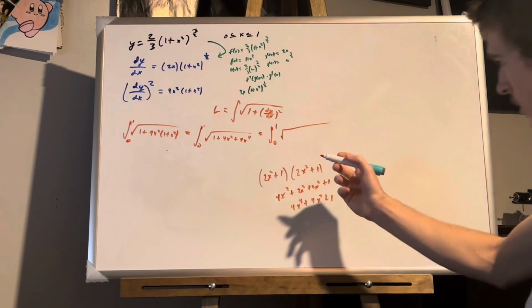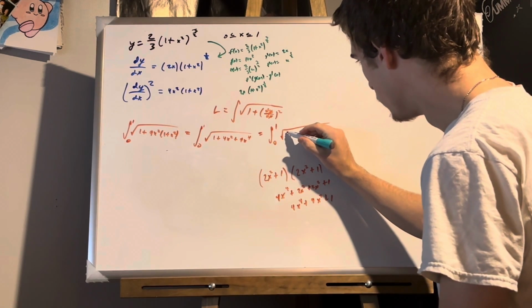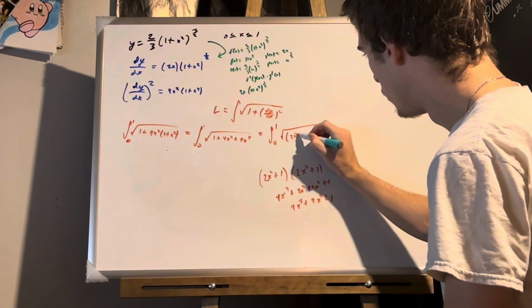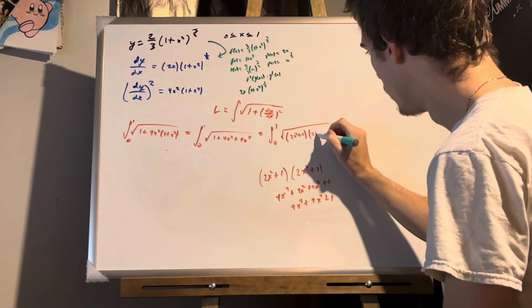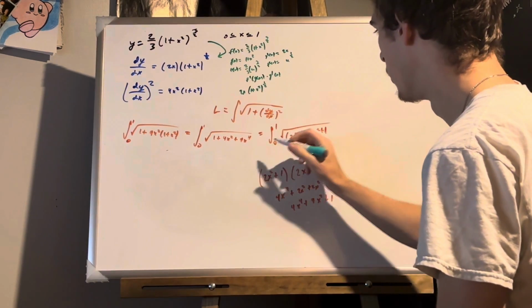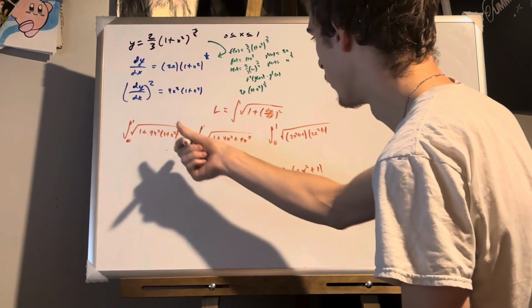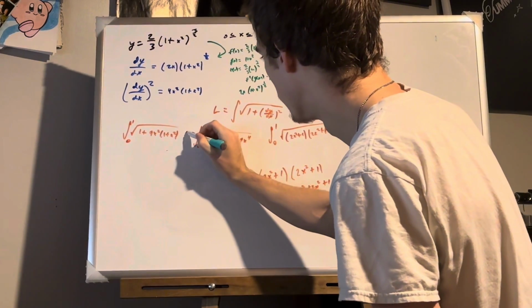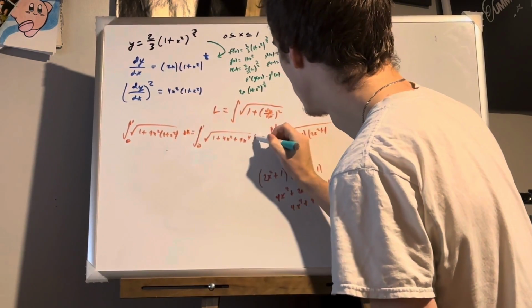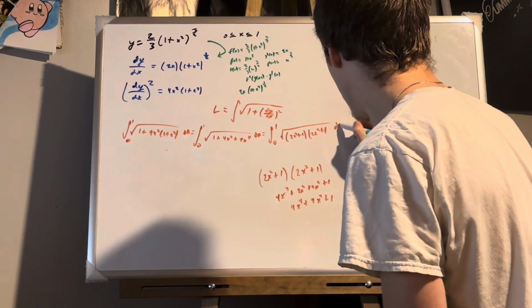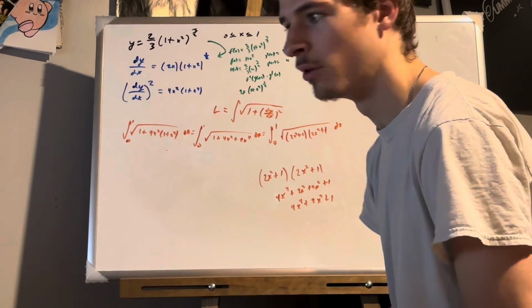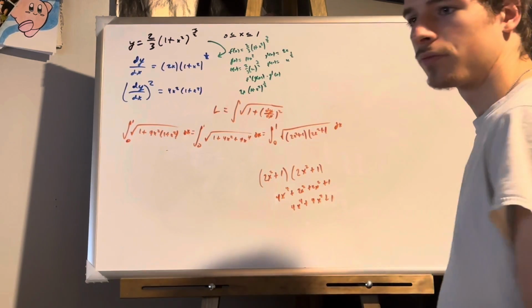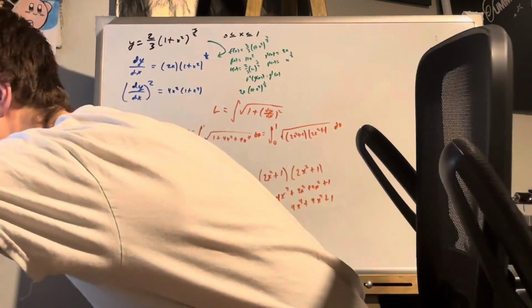See where I got that? So this becomes 2x squared plus 1, 2x squared plus 1, because we factor it out. Holy guacamole, guys. What am I forgetting here? Forgot my dx. Do not disrespect the integral. You gotta show the integral some respect.